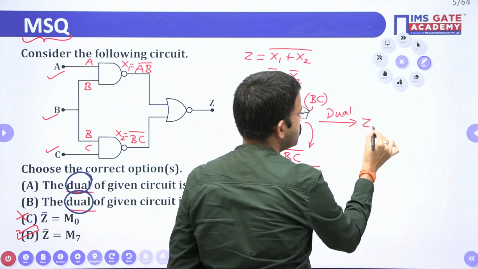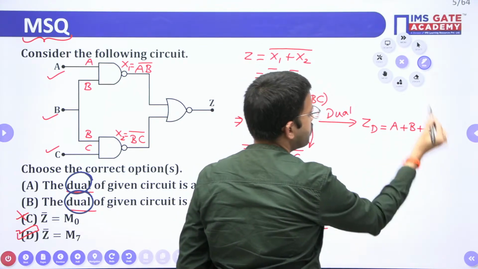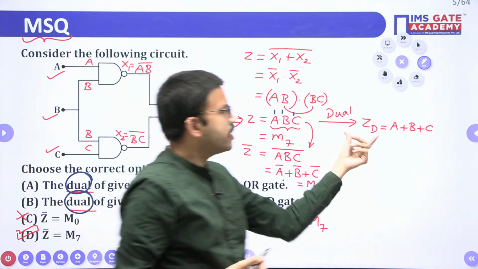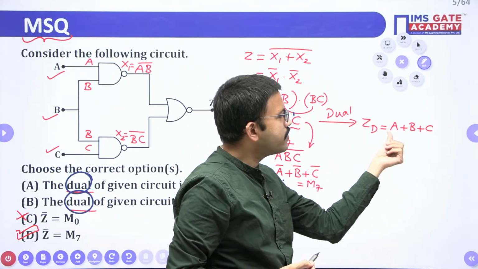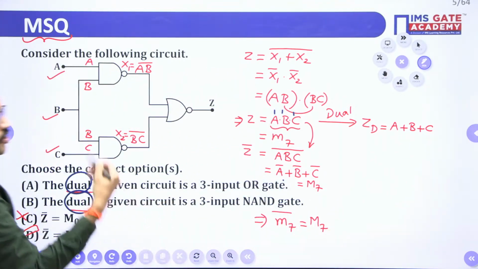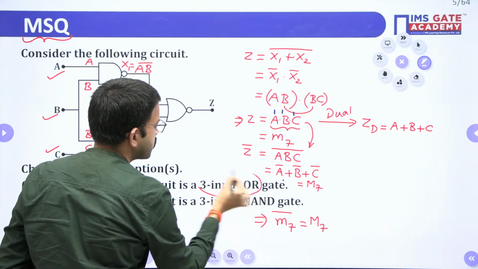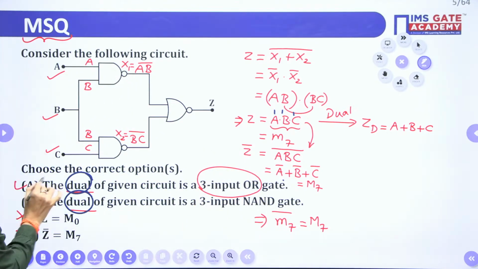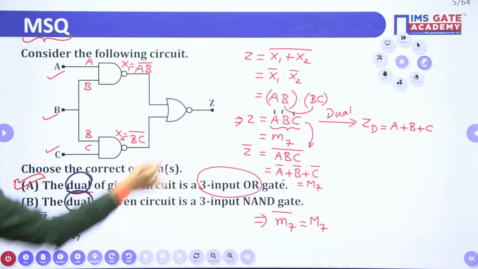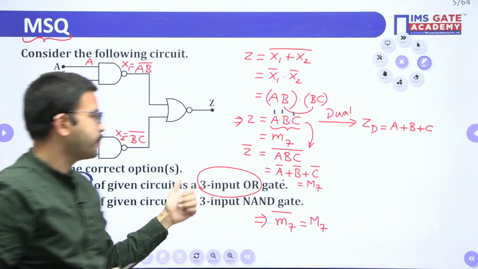So when you apply dual, you will get A plus B plus C. So you are getting an output function which has logical OR among 3 variables. If you want to implement it using a logic gate, you require a 3 input OR gate. So the dual of the overall circuit gives a 3 input OR gate.